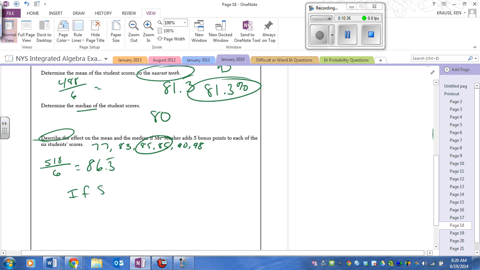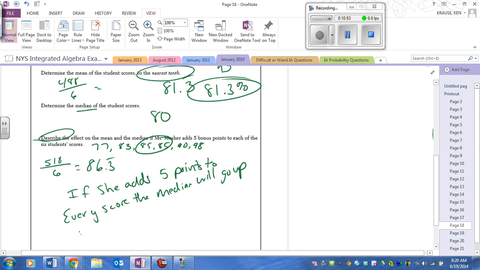If she adds 5 points to every score, the median will go up 5 as well as the mean.